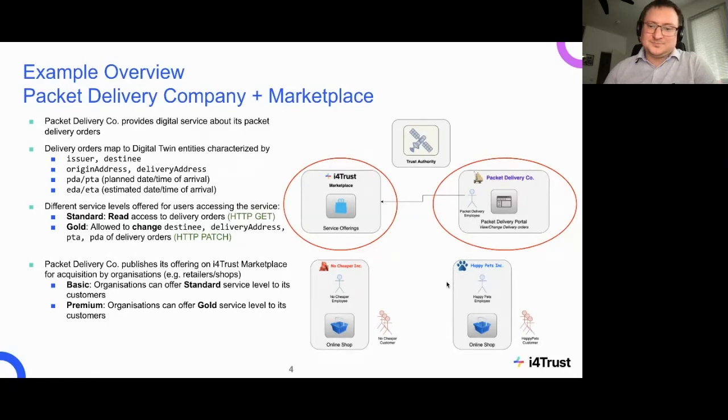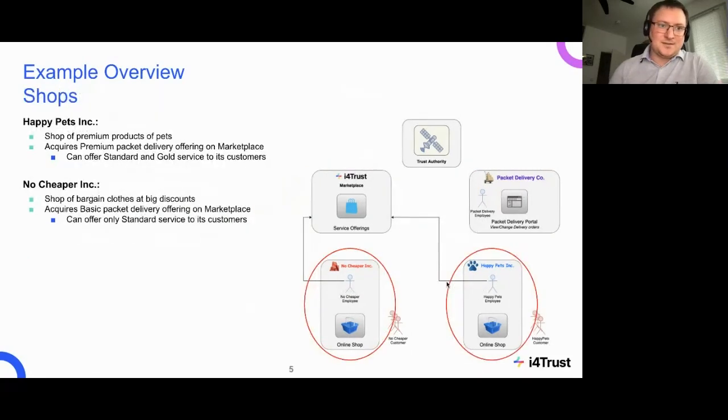And the difference between these shops is that Happy Pets was actually acquiring access to the premium gold offering, and the No Cheaper company was acquiring access only to the standard one.